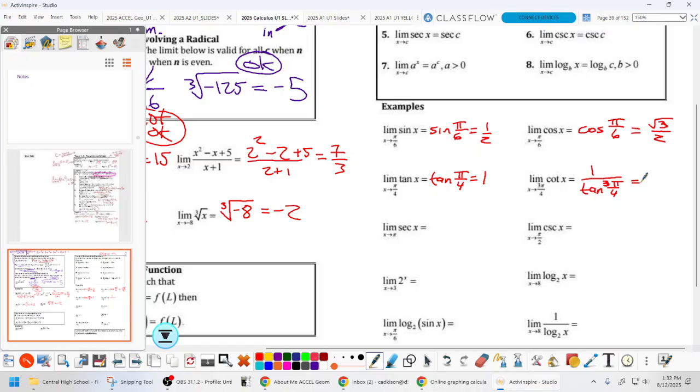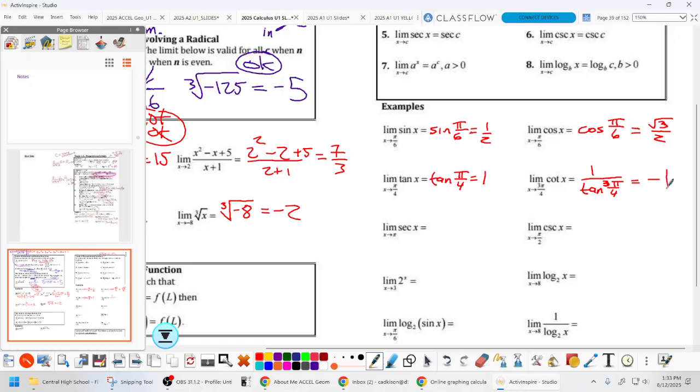Quadrant 2. Because 4 pi over 4 would be pi. So we're in quadrant 2. What sign is tangent in quadrant 2? Negative, right? Because the two are the same value for tangent on the unit circle, but one of them is negative. So this is just negative 1.